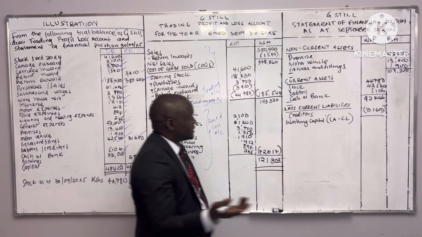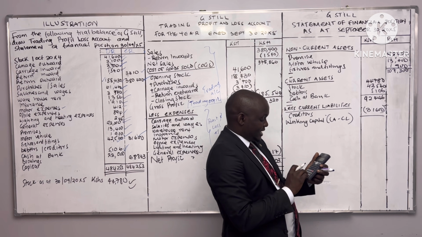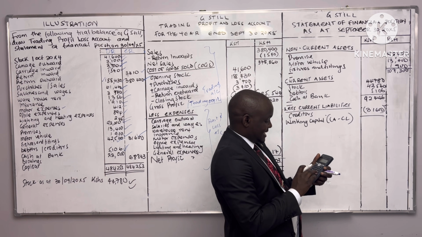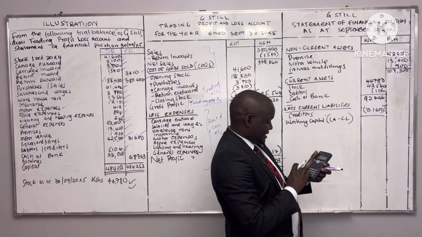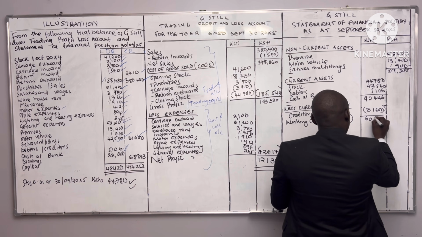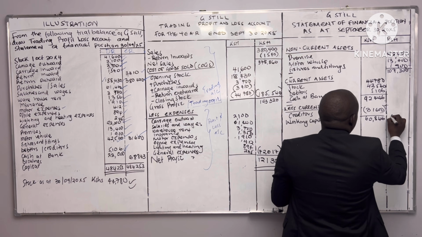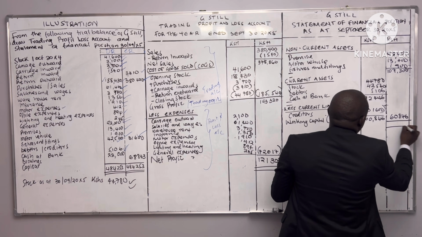That's what we call the working capital. So if I take 92,446 minus 31,600, what I get here is working capital of 60,846. This working capital I take here, because this is money that we are using to work.